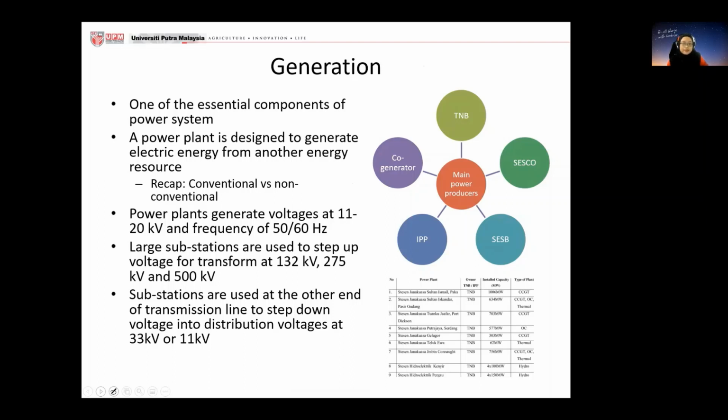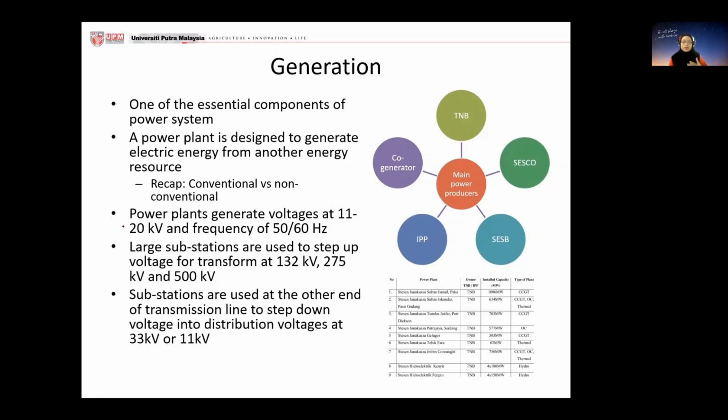About how energy is generated at power plants. A power plant is designed to generate electricity from another energy source, and you can look back at conventional and non-conventional energy. Usually they generate voltages at 11 to 20 kilovolt and a frequency of 50 or 60 hertz.